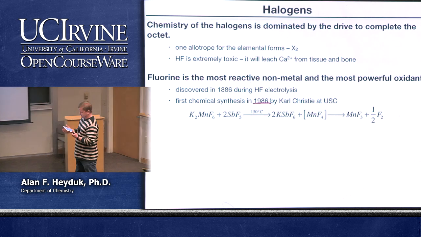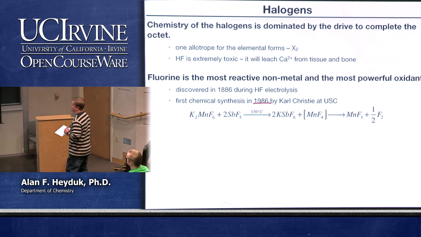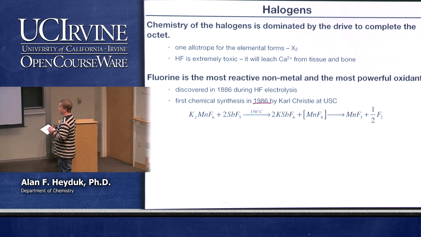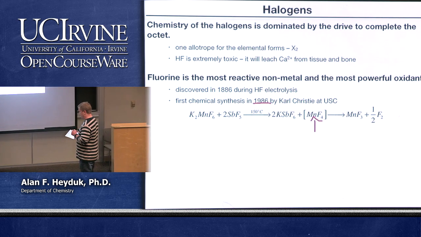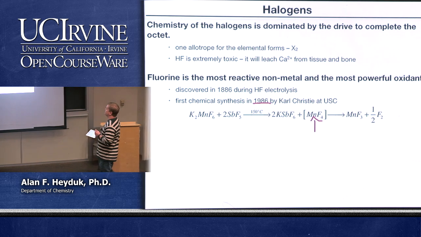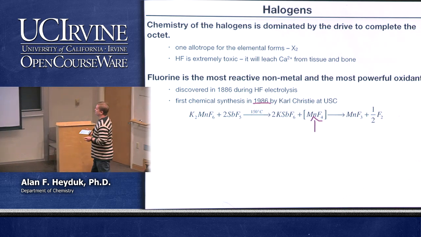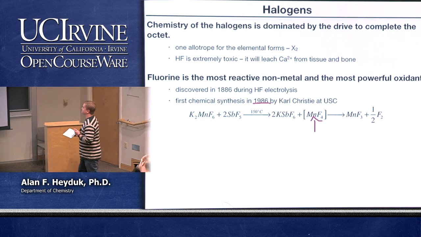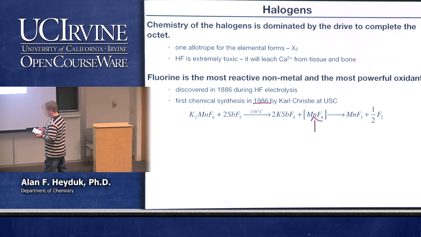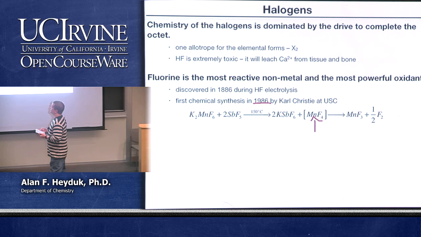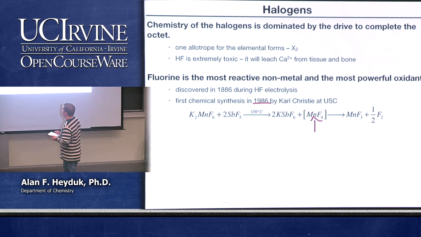So what happens here is two equivalents of SbF5 come in and take two fluorides from the manganese and make this metastable manganese tetrafluoride, which then reacts in a bimolecular way to spit out fluorine gas and one equivalent of manganese trifluoride. Pretty cool reaction, but it's just crazy to me that we had to wait till 1986 to make it.